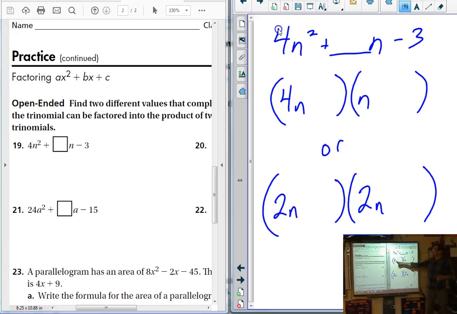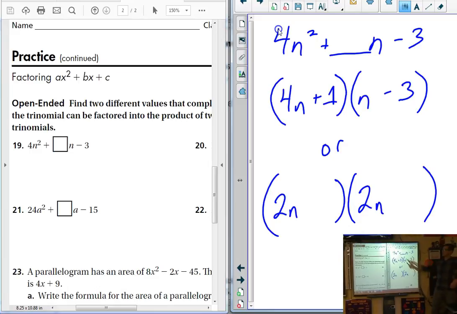If I had 4n and n, then I need to make this negative 3 with my constant values. What do these constant values in the binomials need to be? Negative 3 and 1, or negative 1 and 3. Let's say I do a positive 1 and a negative 3.